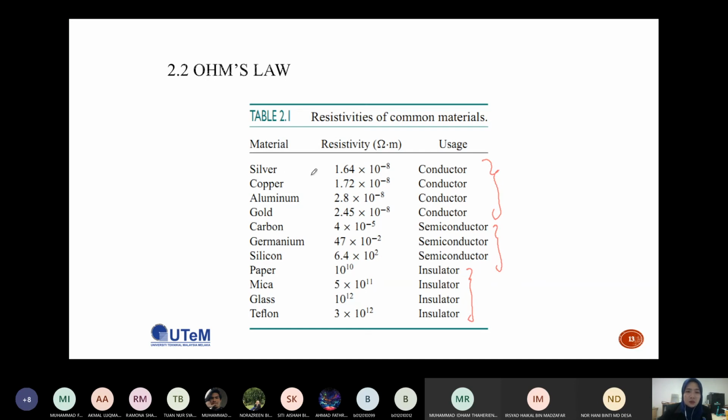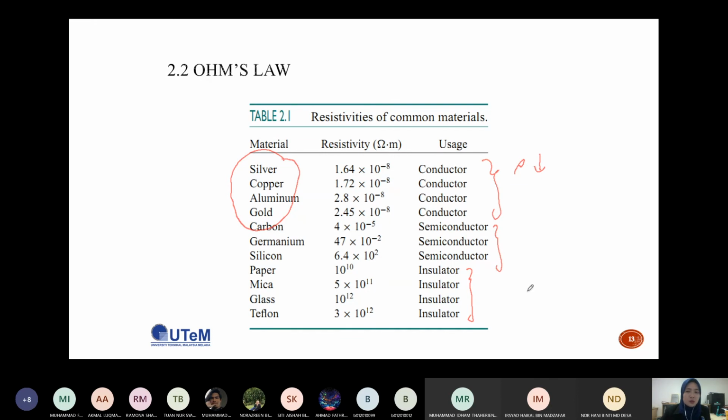For conductors we have silver, copper, aluminium, and gold. All these materials are very good at conducting electricity. The conductor has a low resistivity: silver is 1.64 times 10 to the power of negative 8, copper 1.72 times 10 to the power of negative 8, and so on.